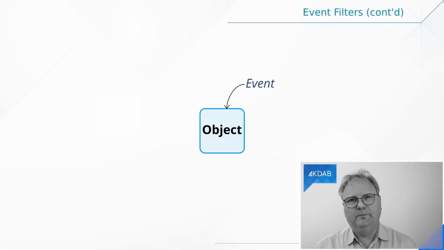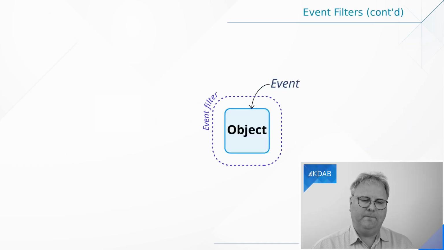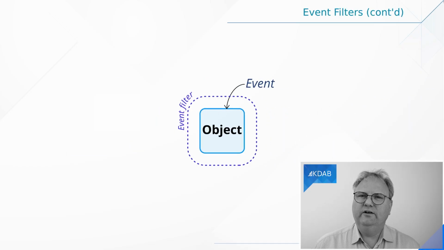So here I have an object, and that object has an event on the way to it. It could be a mouse event or key event or, what do I know, a retranslate event. Any kind of event is on the way to this object. Now, what I can do is I can install an event filter, and it's like this thingy sitting around the object.